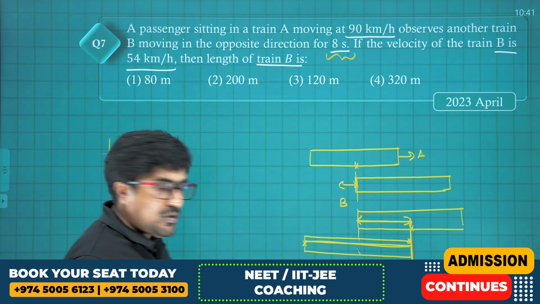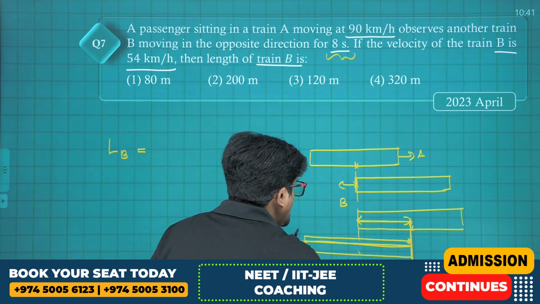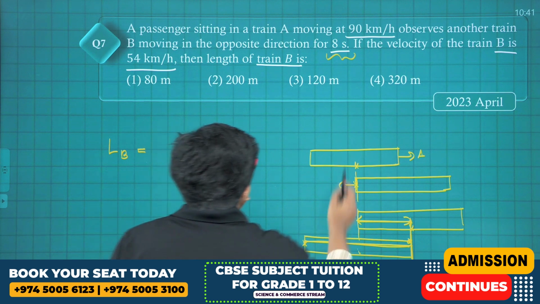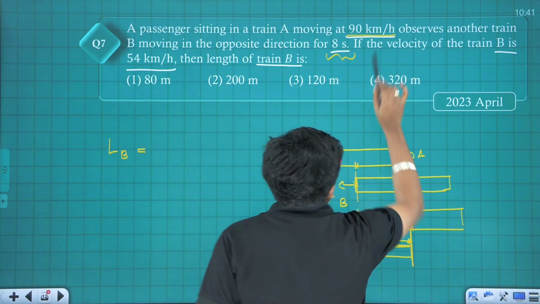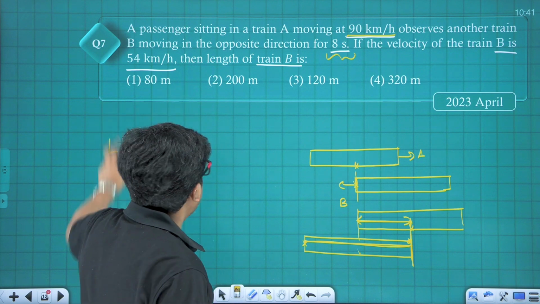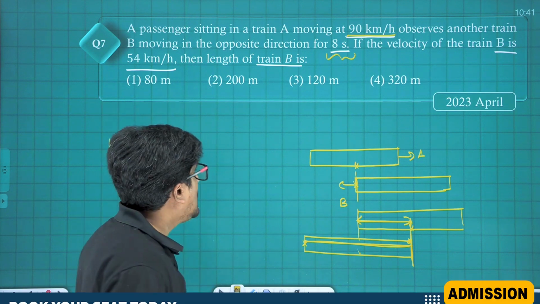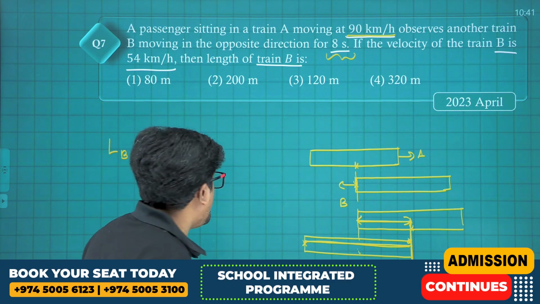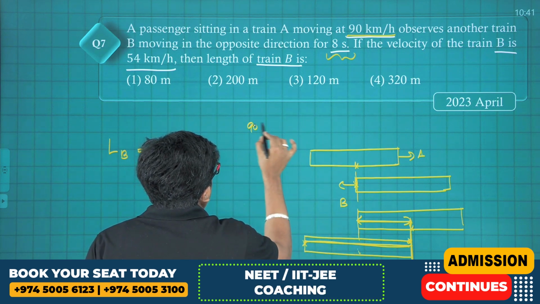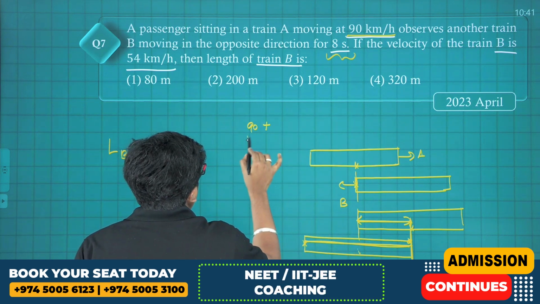That is equal to, now in this case VB was moving in this direction, VA is moving towards right. Train A was moving at the speed of 90 km per hour and train B is moving at the speed of 54 km per hour in the opposite direction. So if we consider the relative speed, that is going to be 90 plus 54.